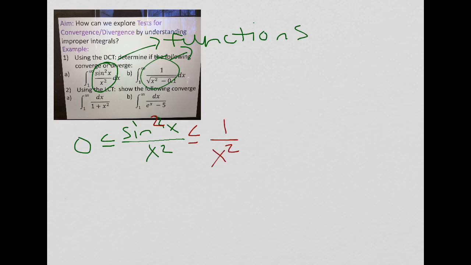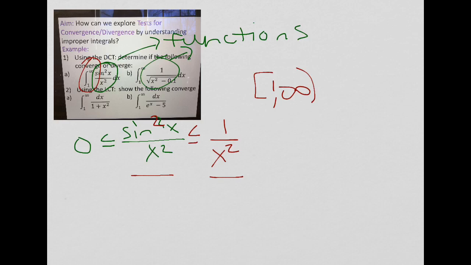Okay, so if you were to graph it on this interval, from 1 to infinity, they do intersect, and you do notice how the sine squared of x over x squared has y values that are smaller than 1 over x squared. This is something you would want to check with your graphing calculator to make sure that this so far is true.